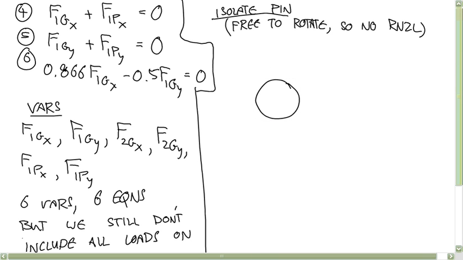Okay. What loads are acting on the pin? That's right. I'm going to just write it first as FP1. And then this is FP2. Okay?